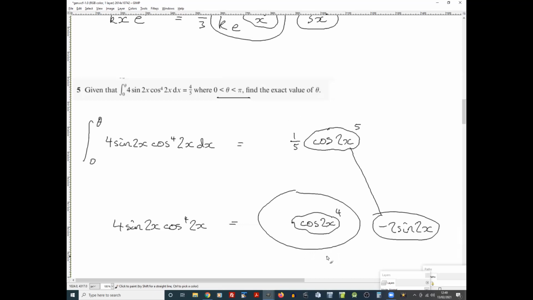And then let's see, so we've got 4 cos 2x and we need to times it by minus 2. Well done. In which case the top becomes minus 2/5.